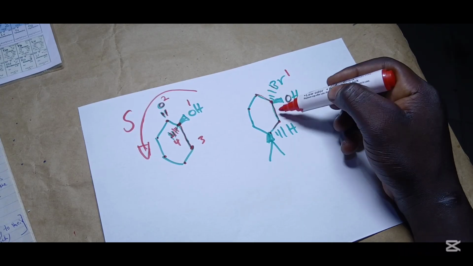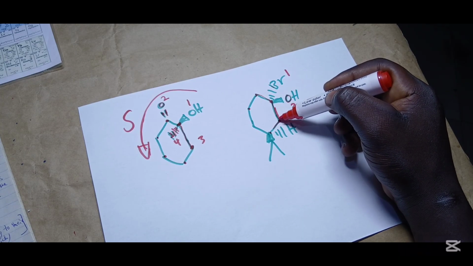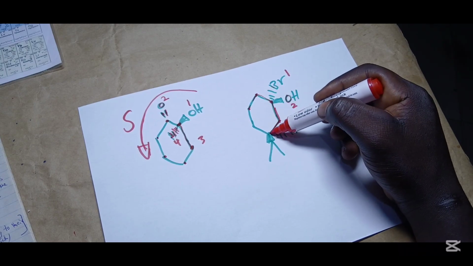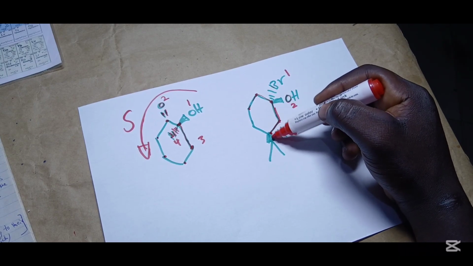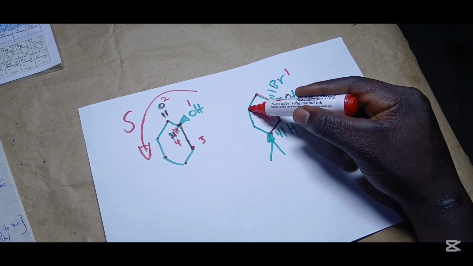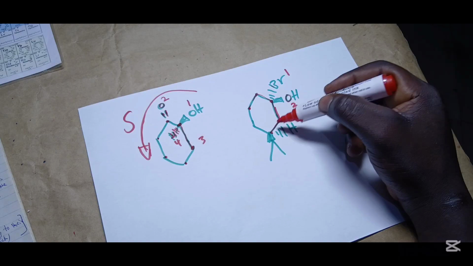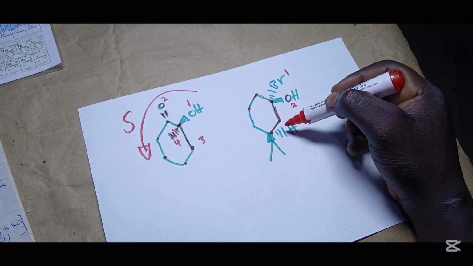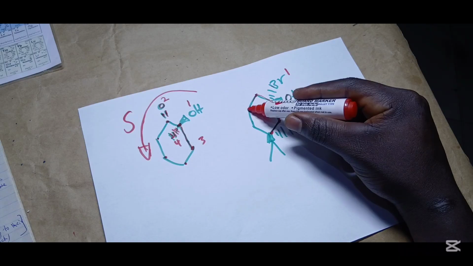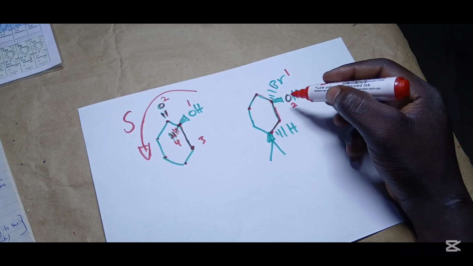So we trace one here, we trace one here. There's no substituent, so let's trace 2. Trace 2. This one has a substituent. So the one with the substituent will definitely have higher priority as compared to the carbon without substituent. This carbon right here has an isopropyl group, so it should have higher priority as compared to this carbon here, which has no substituent.